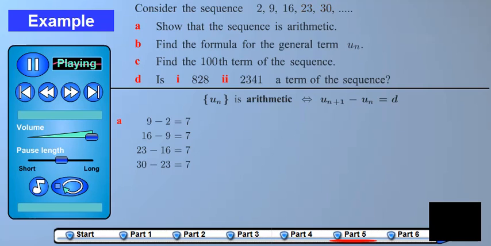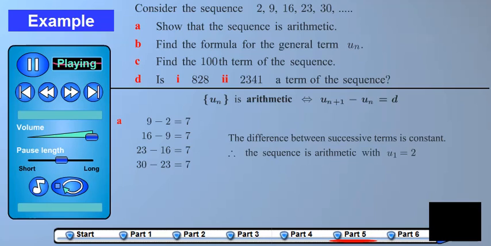So, assuming the pattern continues, consecutive terms differ by 7. The sequence is arithmetic with first term 2 and common difference 7. Then here we have the first term is 2, and the common difference D is 7.